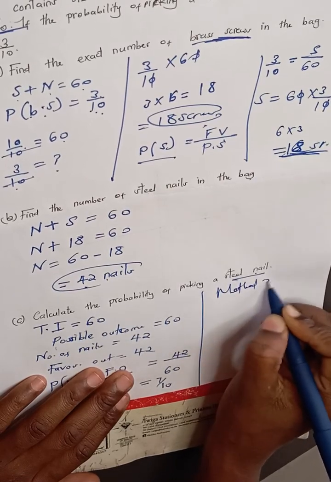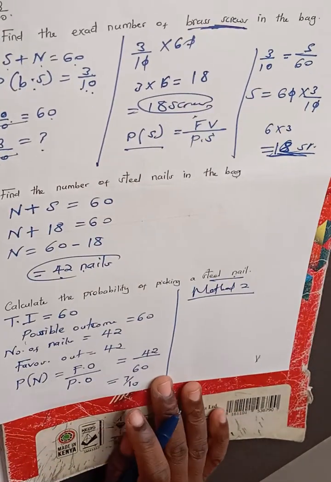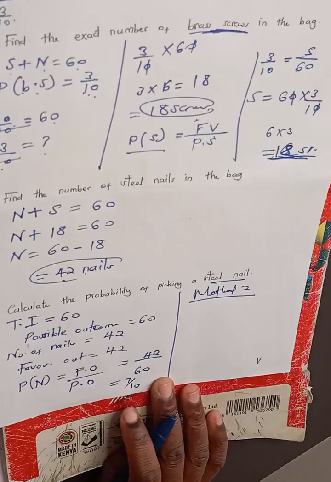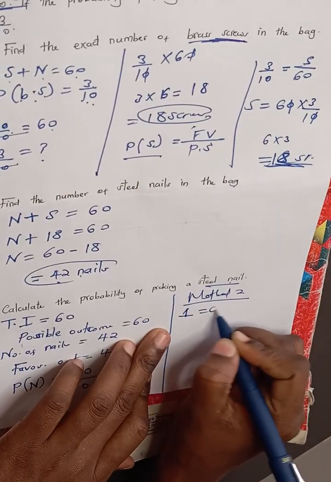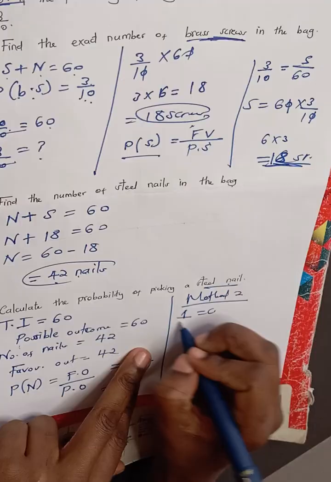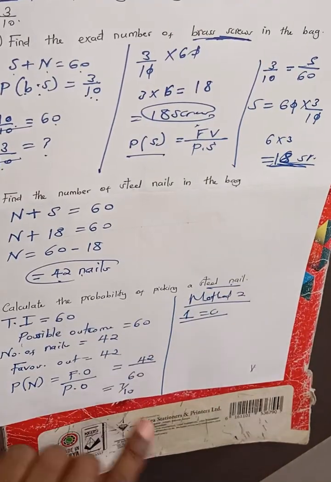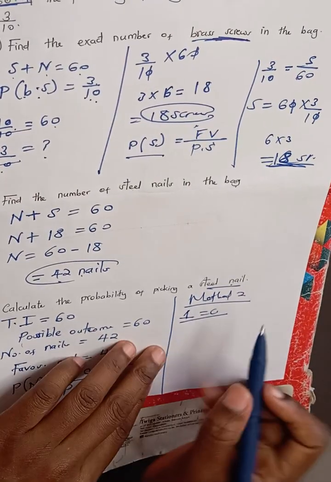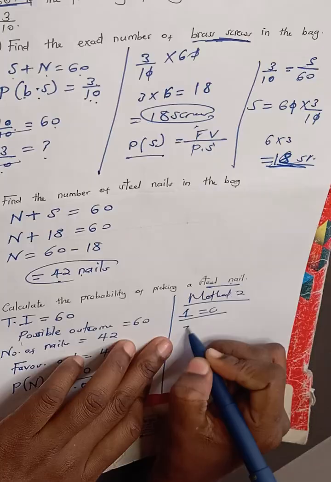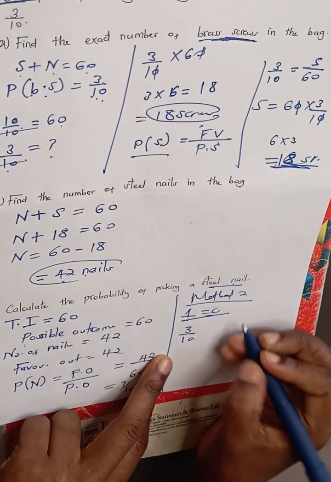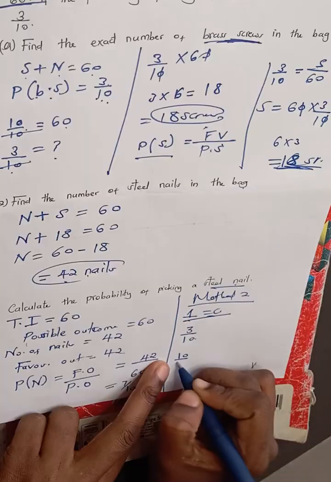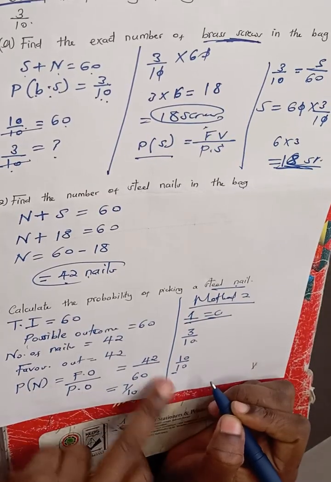Or we have a method 2. We know in probability 1 represents certainty, right? Since we know that, the probability of picking screws is 3/10, and certainty 1 is also equal to 10/10. 10/10 is the same as 1.